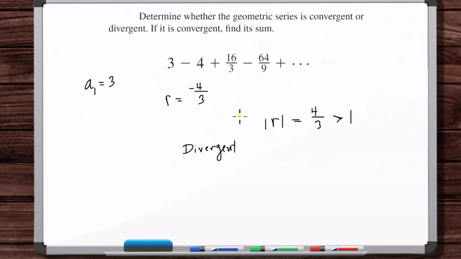Now, let's be more specific about the divergence. What kind of divergence is this? Is it diverging to infinity or negative infinity? No, because since r is negative, it's alternating. It wouldn't be a problem if the absolute value were less than 1, because you'd be adding a very tiny positive number and then adding a very tiny negative number.